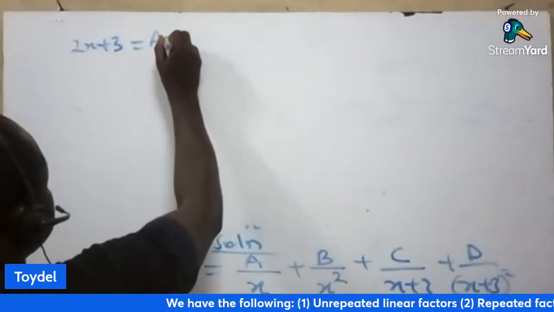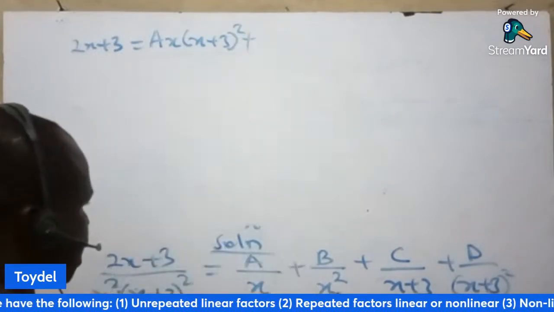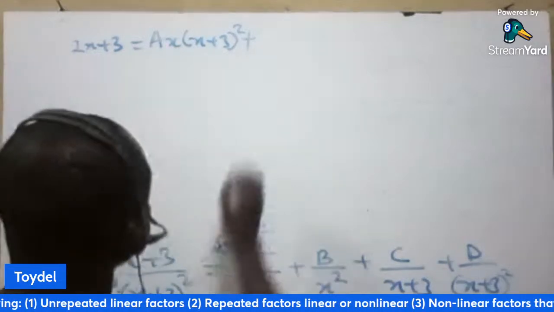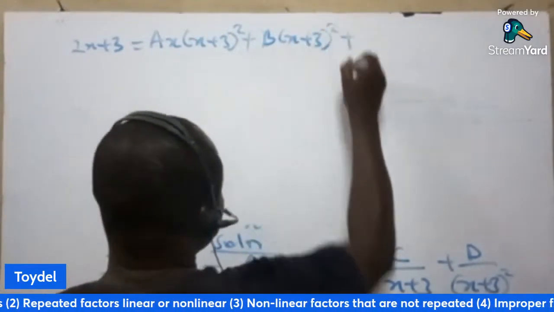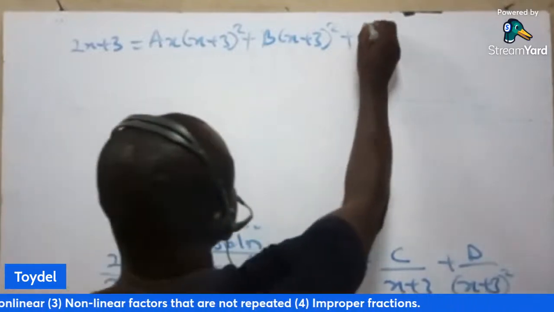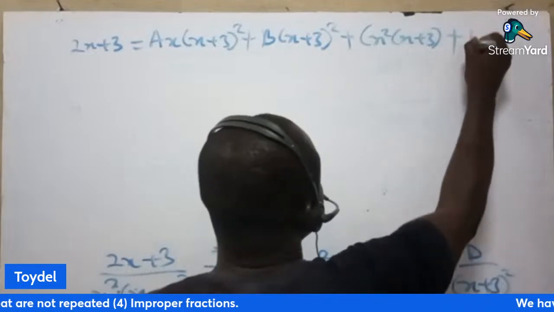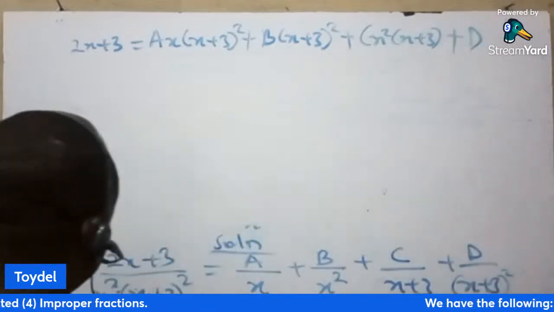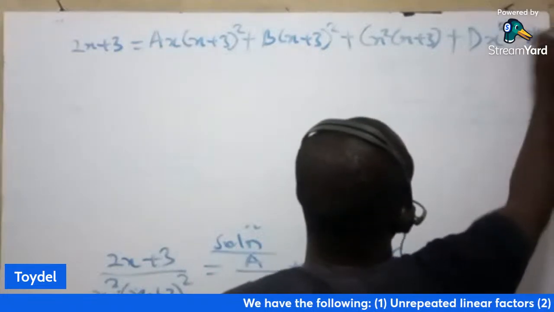I'll be left with a x into x plus 3 all squared, plus b into x plus 3 all squared. Then we have c x squared into x plus 3, then plus d x squared, and that is what we have.